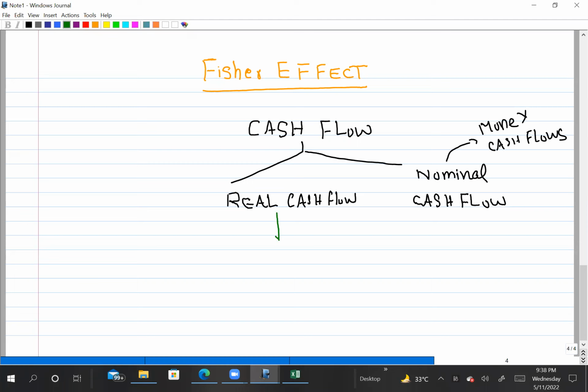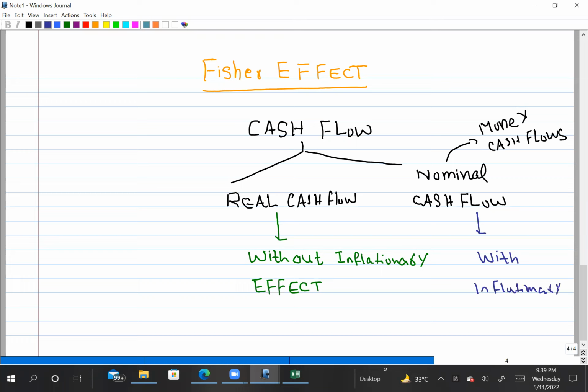Now, real cash flows means the cash flows without inflationary effect, and nominal cash flows mean the cash flows with inflationary effect.